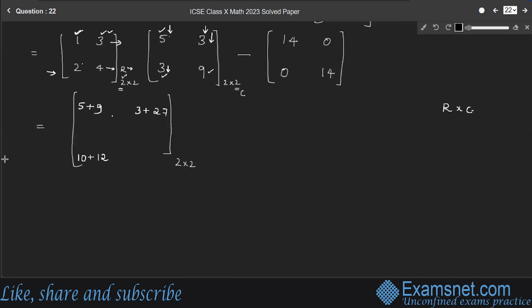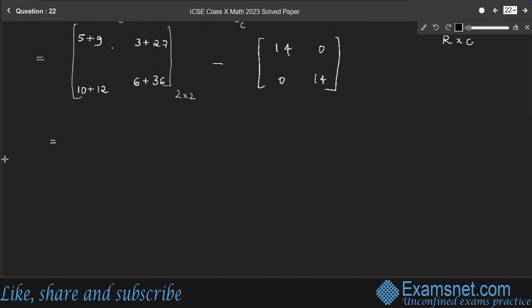So 2 into 3 is 6 plus 4 into 9, which is 36. Right? Minus 14, 0, 0, 14. Is equal to, so 5 plus 9 is 14, 3 plus 27 is 30, then 10 plus 12 is 22, and 36 plus 6 is 42. Minus 14, 0, 0, 14.